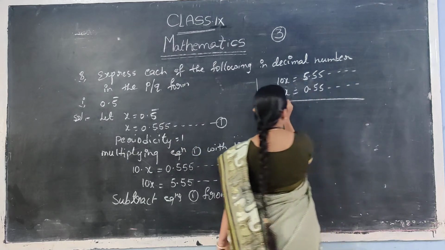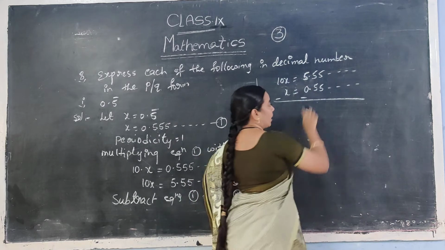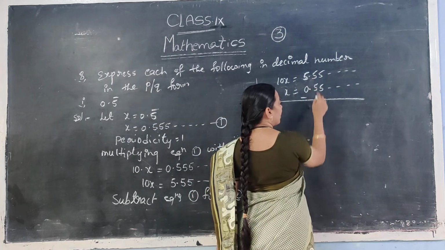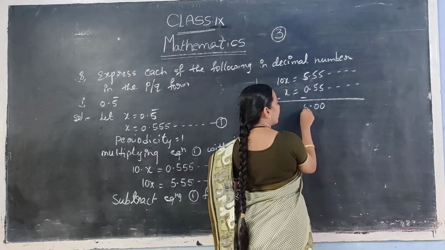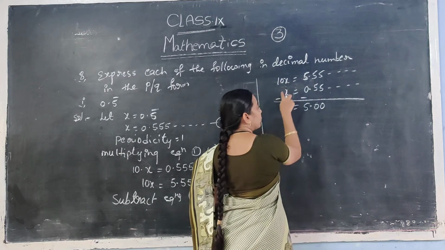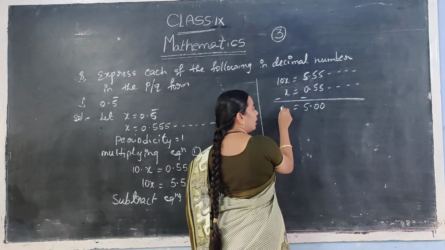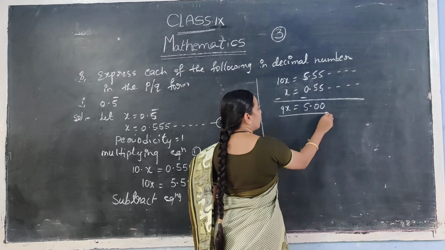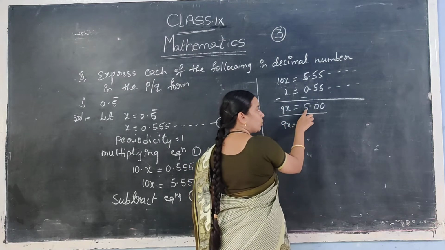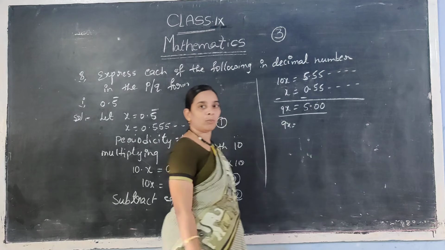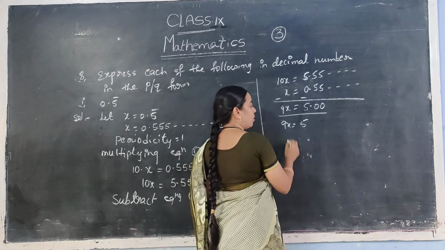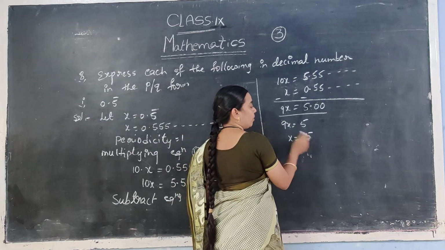To subtract, change the symbols: 5 minus 5 is 0, 5 minus 5 is 0, 5 minus 0 is 5. 10x minus 1x is 9x. Now 9x is equal to how much? 5.00, which means only 5. Now x is equal to 5 by 9.